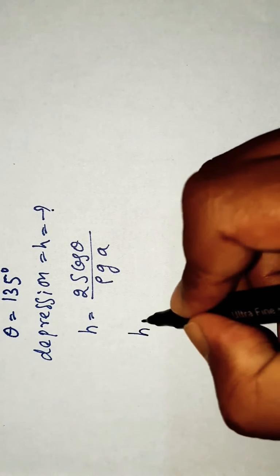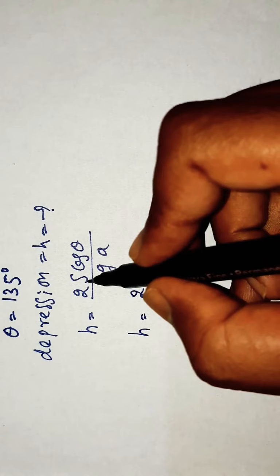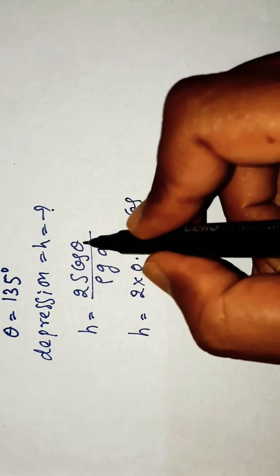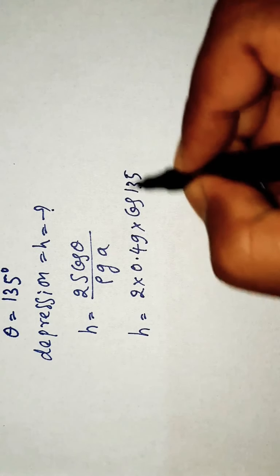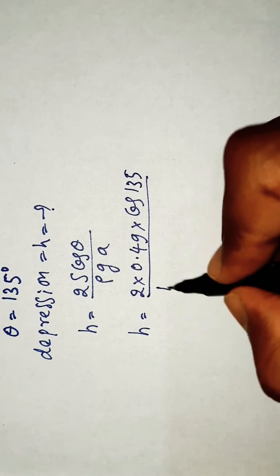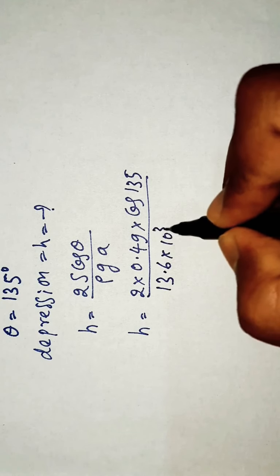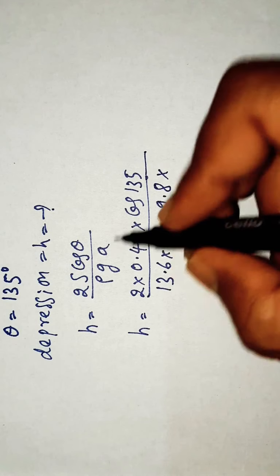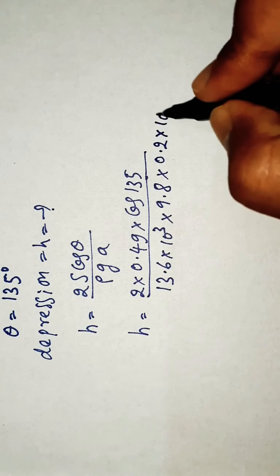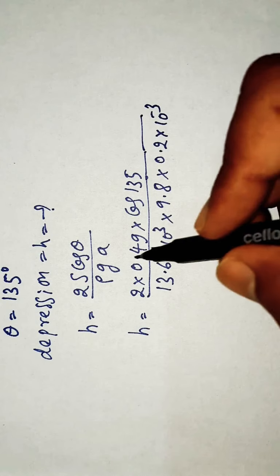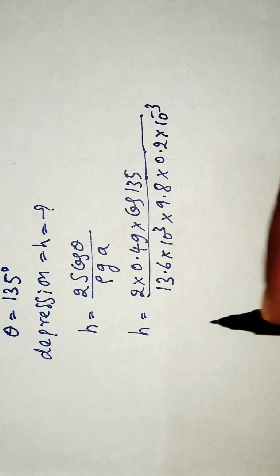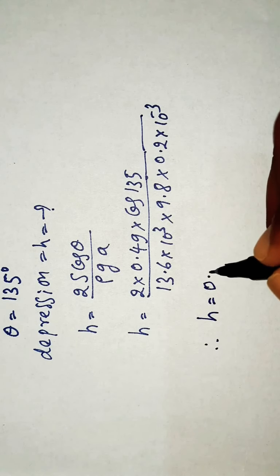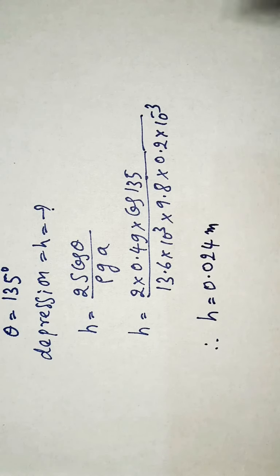So here h is equal to 2 into s is equal to 0.49 into cos 135 by, here rho is equal to 13.6 into 10 cube, g is equal to 9.8 into a is equal to 0.2 into 10 to the power minus 3. If we simplify this, we can get h is equal to 0.024 meters.